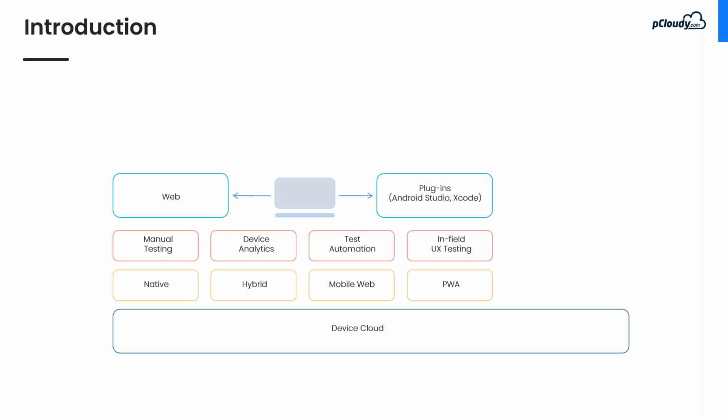The second most important way is via plugins or through CLI or through your standard IDEs like Xcode or Android Studio. So in case you are a developer, or an automation developer, and you need to run the test through your Xcode or through your Android Studio, or you want to run through Jenkins or through CLI, right?